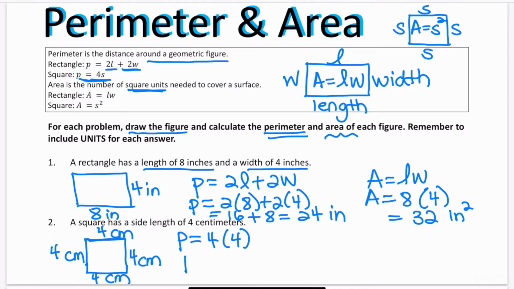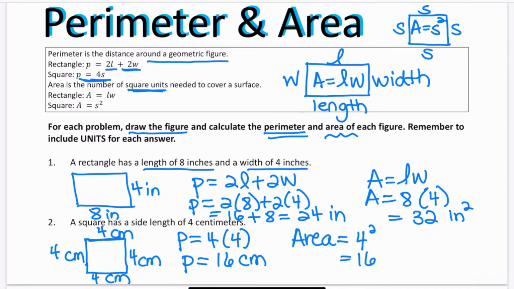So that means the perimeter is 4 times 4, which is 16 centimeters. Or you could have just added all the sides. 4 plus 4 plus 4 plus 4 is 16. Then to figure out the area, it's just going to be one side squared, which also happens to be 16.